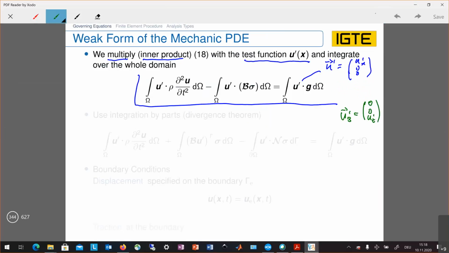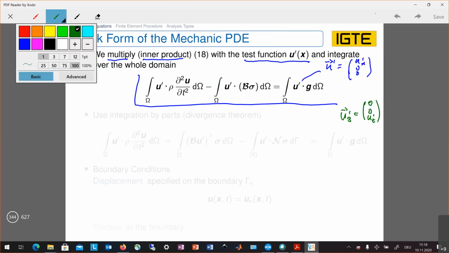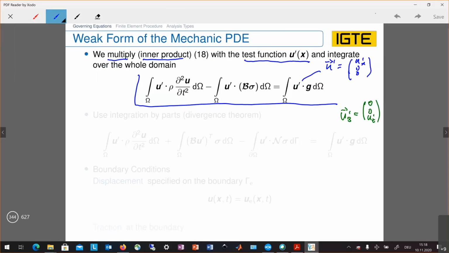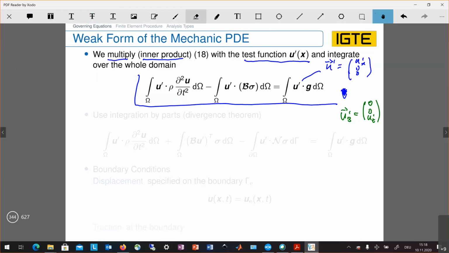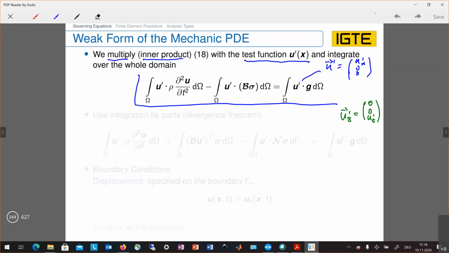Now, we get rid of it. And here I would have u1 prime.